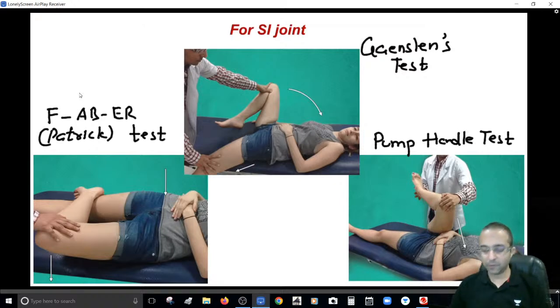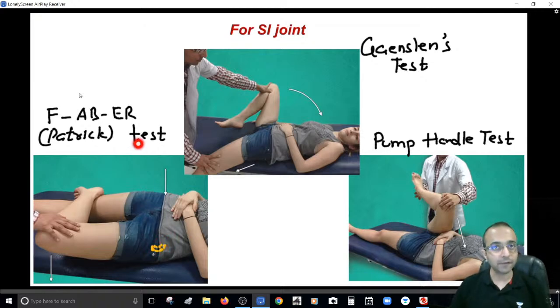So what you do in this FABER test, look at the position of this hip. The hip is in flexion, it's abducted, and look at this foot, it is externally rotated. So when you put this hip into this FABER position and you press this knee down, somewhere in the area of the sacroiliac joint here, back, the patient will complain of pain.